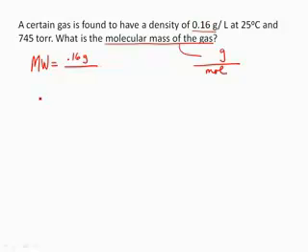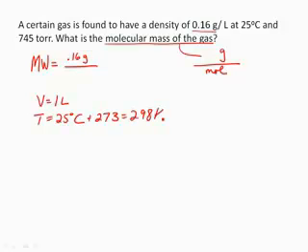All right, so let's go down here. I have a volume of 1 liter. Temperature is 25 degrees C, which is 298 Kelvin. And I have a pressure of 745 torr. To use PV=nRT, I need it in atmospheres, so I'm going to convert it.